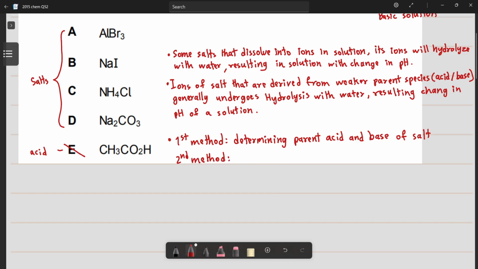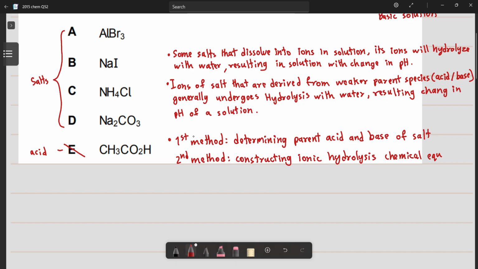The second method is constructing the ionic hydrolysis chemical equation.